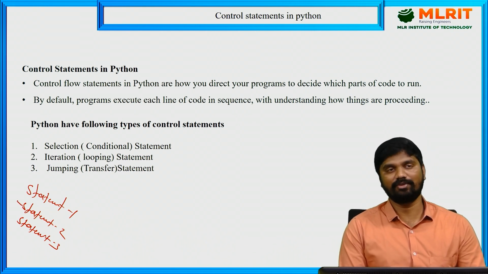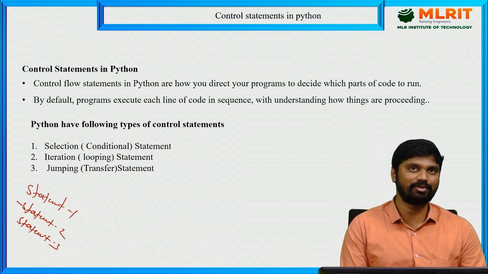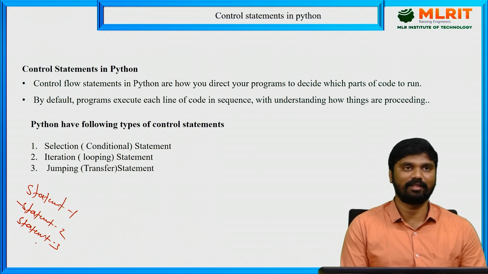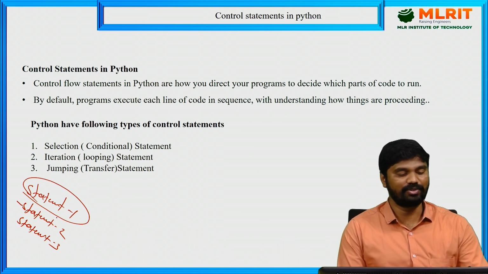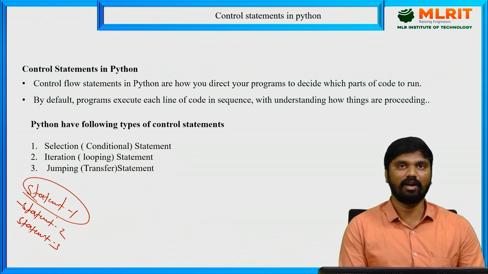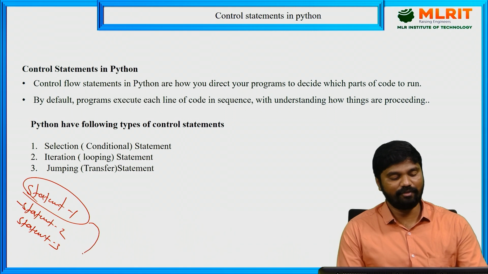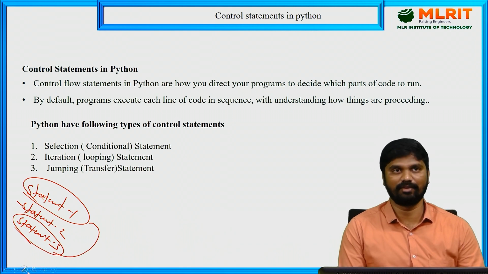After statement 2 is completed, next statement 3 has to be executed. But I don't want it like that. After statement 1 is executed, the flow should jump directly to statement 3, and statement 3 has to be executed.